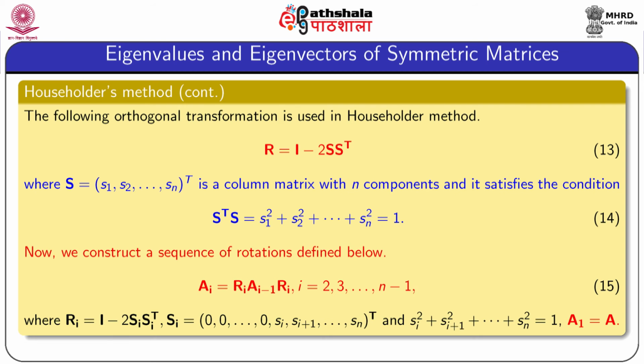That means the first i elements are 0, and the next elements, s(i+1) to sn, are not necessarily equal to 0, and the elements of this vector Si satisfy the condition s(i+1) square plus dot dot dot plus sn square equal to 1. That means the sum of the squares of the elements of Si equal to 1, and initially the first transformation matrix A1 equal to A, the given matrix A.